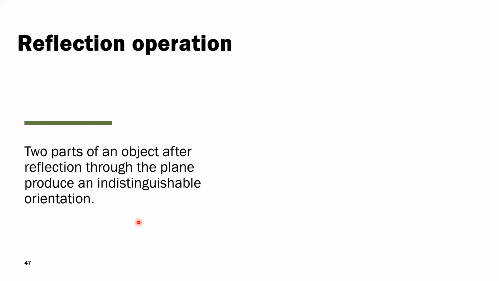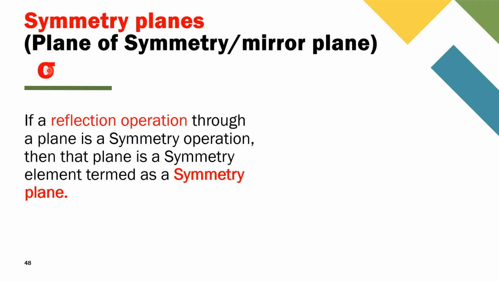So under the reflection operation, we have the symmetry plane, and the symbol is sigma. If a reflection operation through a plane is a symmetry operation, then that plane is a symmetry element termed the symmetry plane.